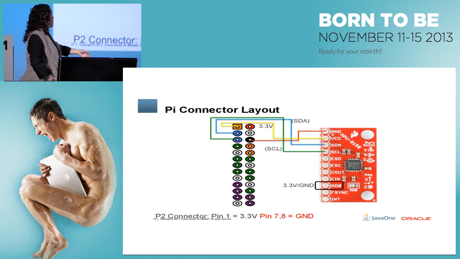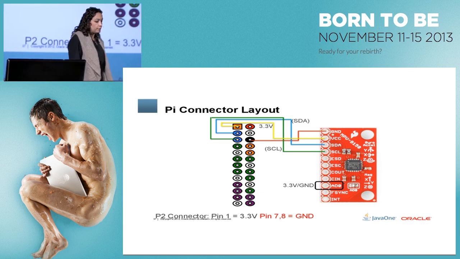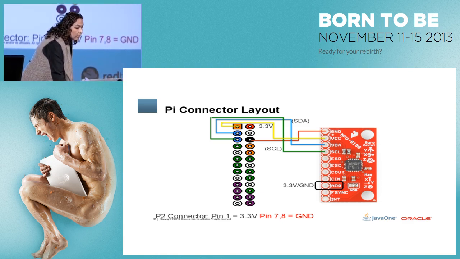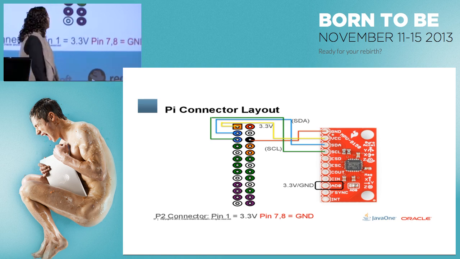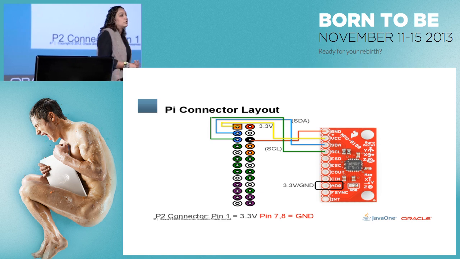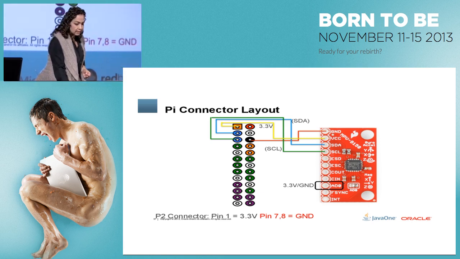You just use a cable and solder the SDA to the SDA line of the Pi, the clock line to the clock line, get 3 volts, and get the ground also from the Raspberry Pi. And again, it's up to you to either ground this pin or not, but make sure you remember that, because you will need to know the address that you provide to your device, either 68 or 69.